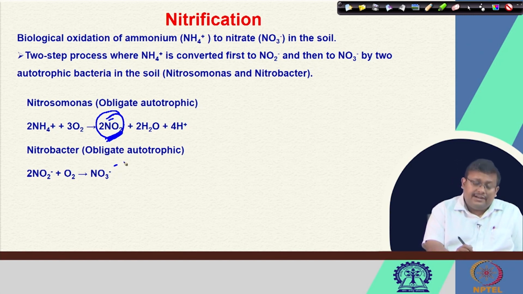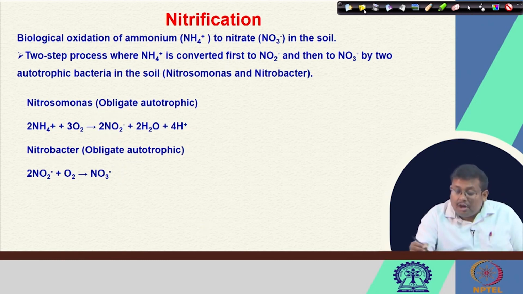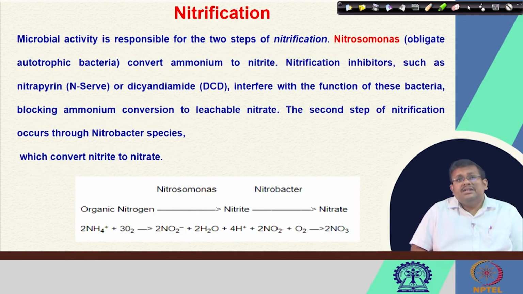It gets converted into nitrate very fast through the Nitrobacter organisms. Now, it is clear to us that nitrification is a microbe mediated process, and Nitrosomonas helps in conversion of ammonium to nitrite, and Nitrobacter helps in conversion of nitrite to nitrate.